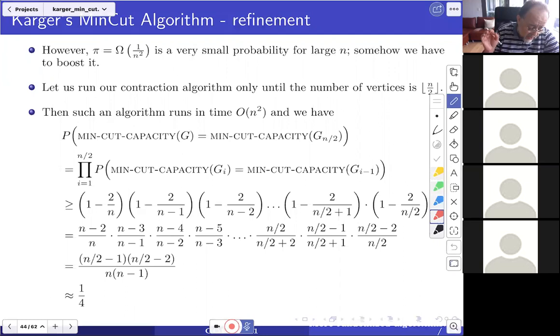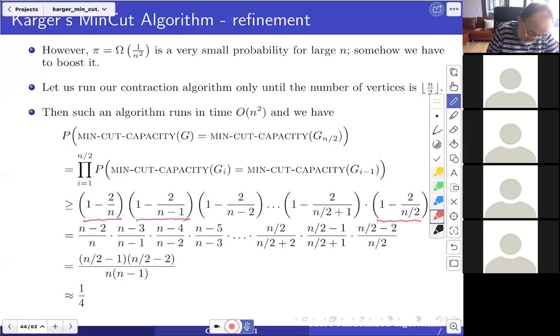The number of vertices in the graph drops by 1. You stop when you reach n over 2 vertices. When you reach n over 2 vertices, let's see what the probability is. Well, again, you have exactly the same expression, but you stop when you reach n over 2 vertices.